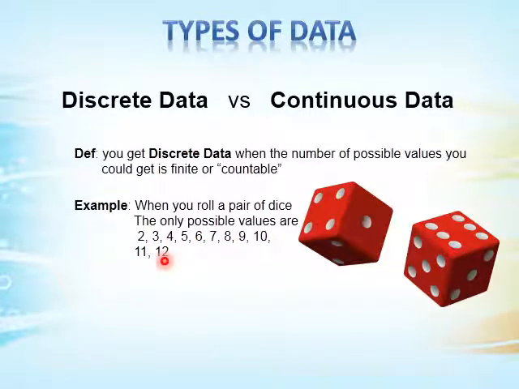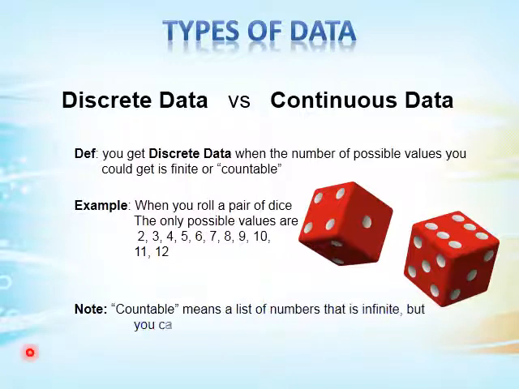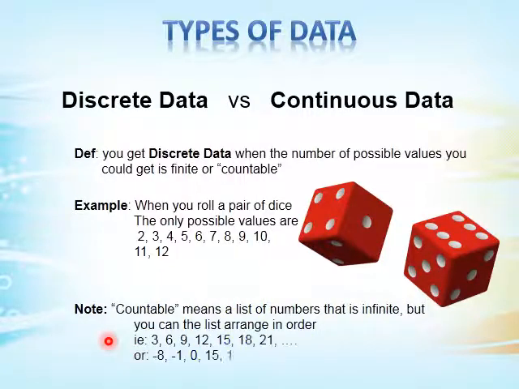So this is a finite list of numbers, which means this is discrete data. Countable just means a list of numbers that is infinite, so not finite, but that list can be arranged in order. So for example, I could get a list such as 3, 6, 9, 12, 15, 18, 21, or even negatives are fine, negative 8, negative 1, 0, 15, etc.